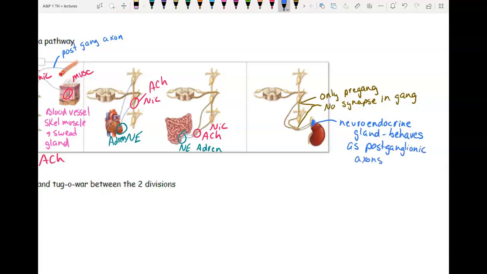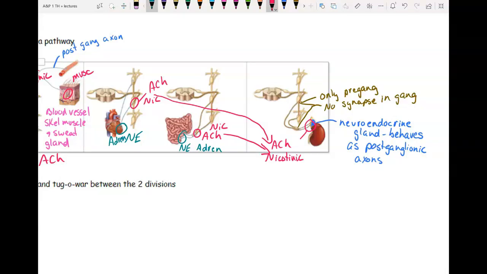So here, when you synapse between the preganglionic axon and the gland, that's going to be acetylcholine. And that's going to be on nicotinic receptors. So just like what you have here, it's that same type of synapse. But now we're putting that synapse on the effector instead of between two neurons.